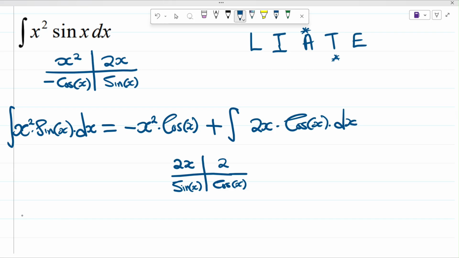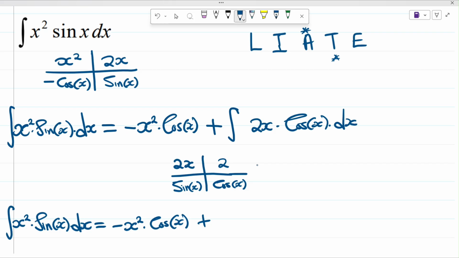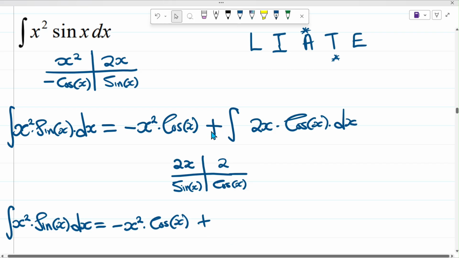And then now we apply our integration by parts, of course. So the integral of x squared sine of x dx is going to be equivalent to negative x squared cos of x, plus. The plus sign that I wrote here comes from here, right?